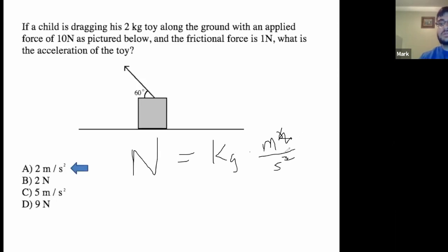Kilogram meters per second squared. This is what a newton is equal to: a kilogram times a meter divided by a second squared. Does that make sense? We just simplify it down to newtons because we don't want to write this every time. Does that make sense?